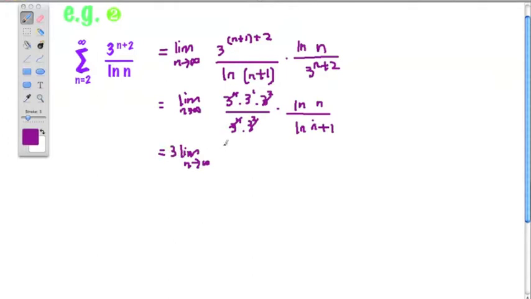So we put 3 in front because it is constant. Then we'll get ln n over ln n plus 1. Then continue: 1 over n over 1 over n plus 1. We differentiate it using L'Hopital's rule.